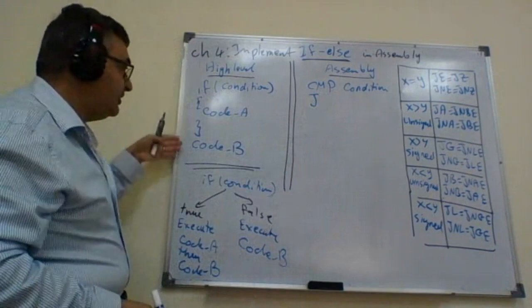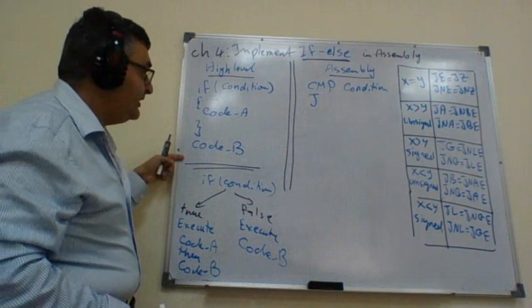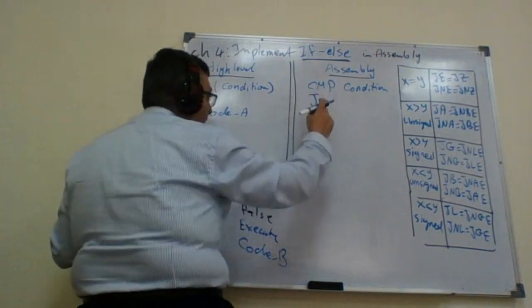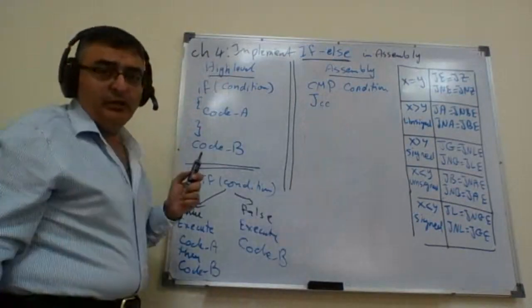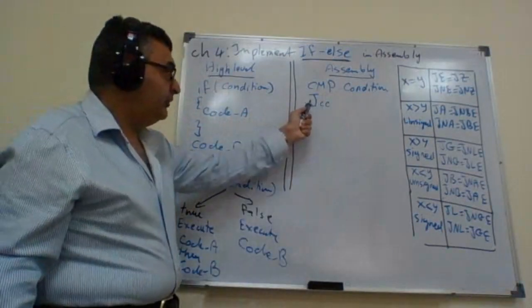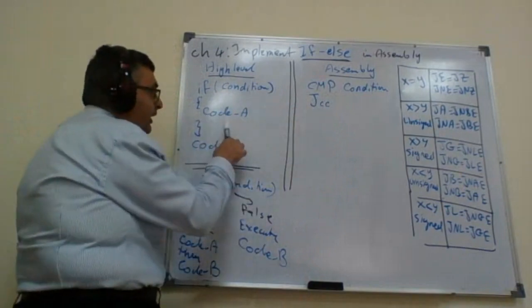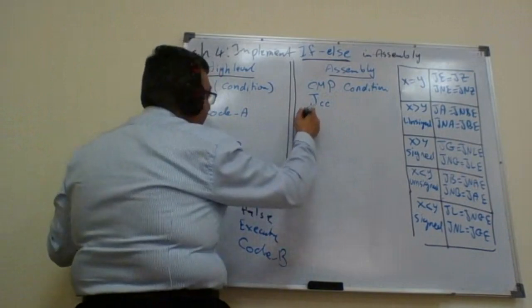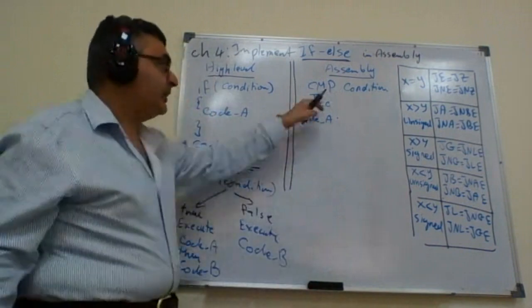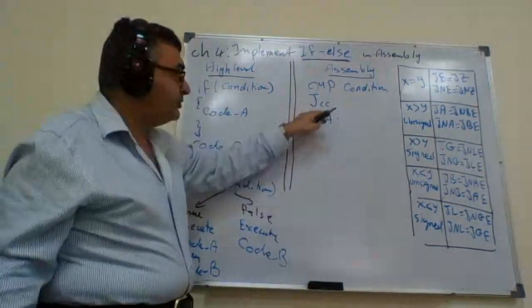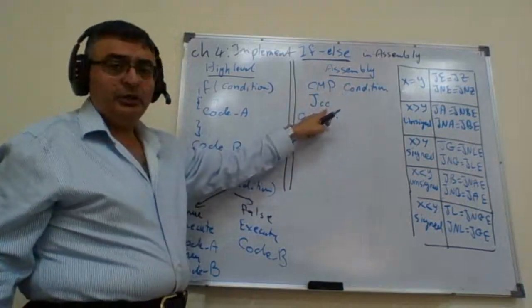Remember, if I want to follow the same sequence of code as the original one, the code which comes after the conditional jump should be the code for A. That means I don't want to jump; I want A to be executed when the condition is evaluated to be true.